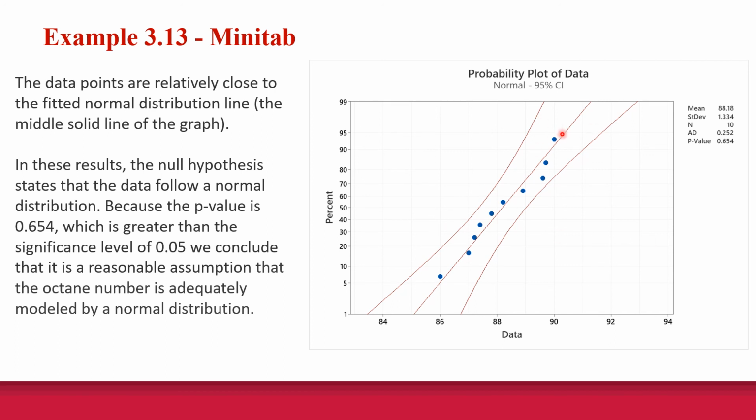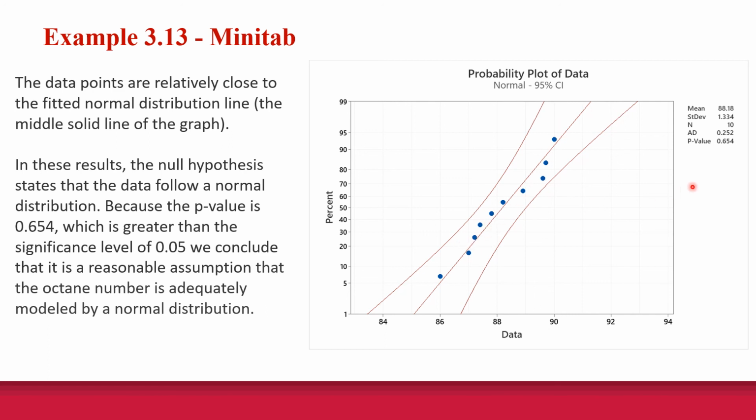This gives you a good feeling that this data more than likely follows a normal distribution, because one, they're all falling sort of on the line. I mean, there's a couple of outliers, but in general they're falling on the line. And also they're falling within this 95% confidence interval.